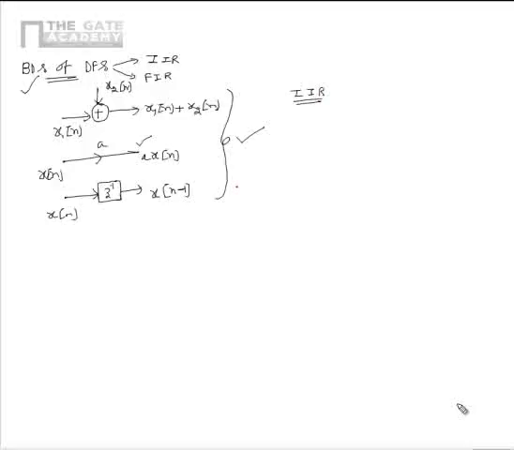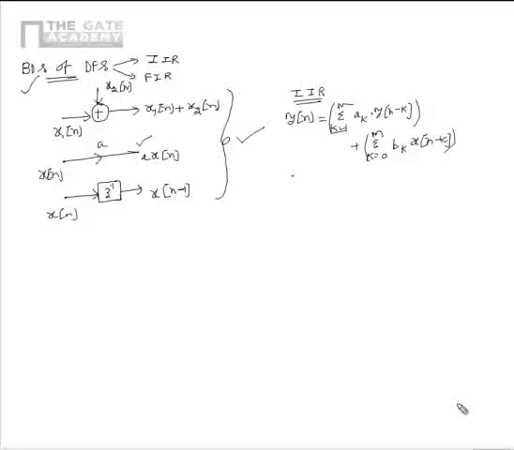As a part of the block diagram realization of IIR filters, let us consider a generic LCCDE which is given as y of n is equal to sigma k equal to 1 to n ak multiplied by y of n minus k plus sigma k equal to 0 to m bk x of n minus k.